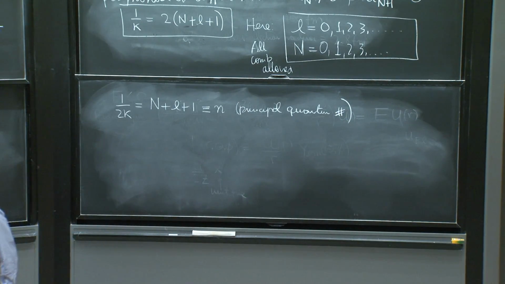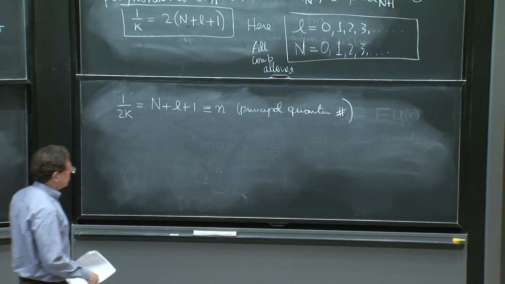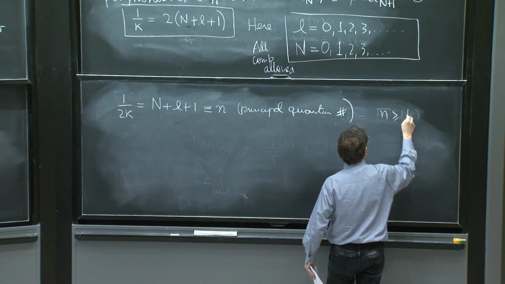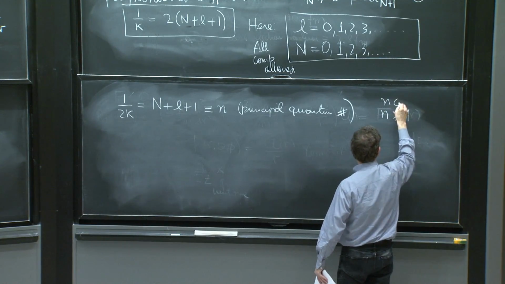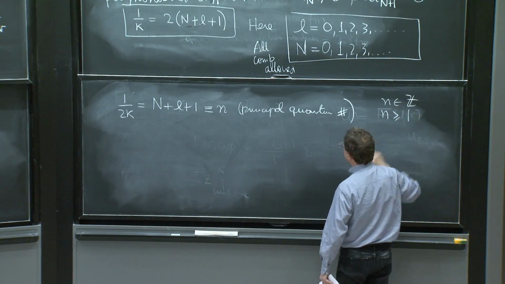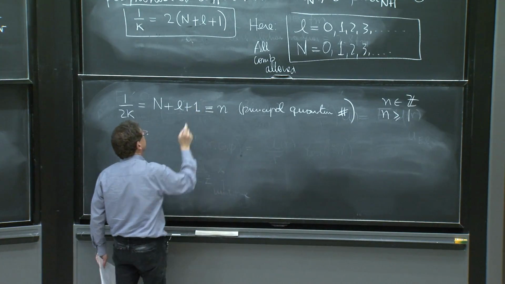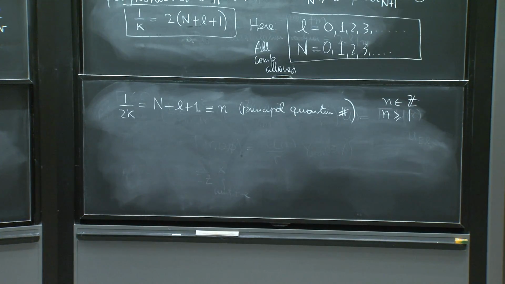So N is the principal quantum number, and you know that N has to be greater or equal than 1. It's an integer. It has to be greater or equal than 1 because of this 1 here, and because the other ones cannot be negative either.